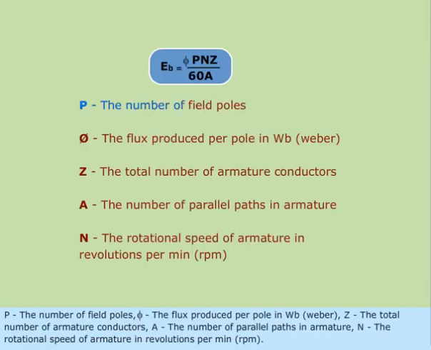P, the number of field poles. Phi, the flux produced per pole in Weber. Z, the total number of armature conductors. A, the number of parallel paths in armature. N, the rotational speed of armature in revolutions per minute, RPM.